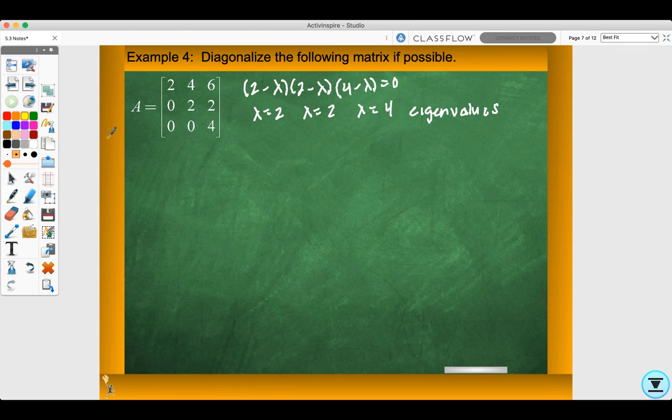So we're going to start with step 1, basis for lambda 2. So to do that, we take our matrix A and subtract 2I.